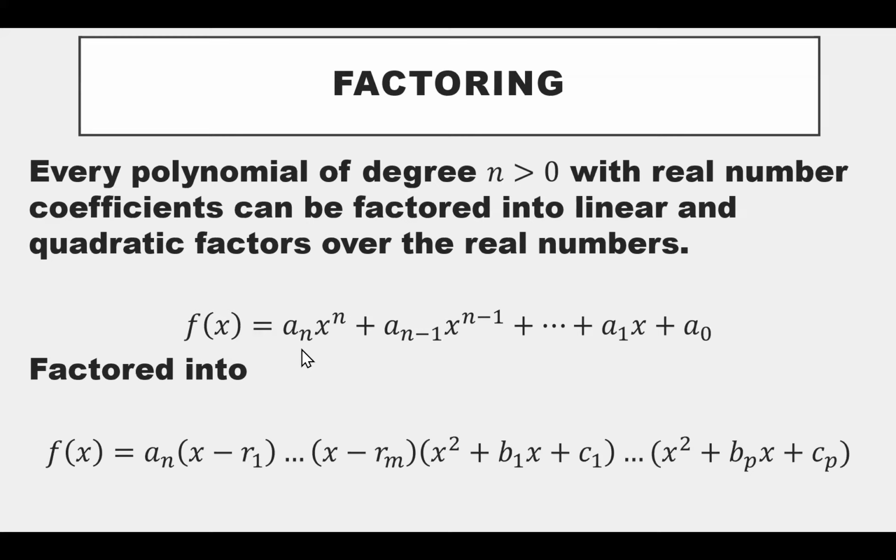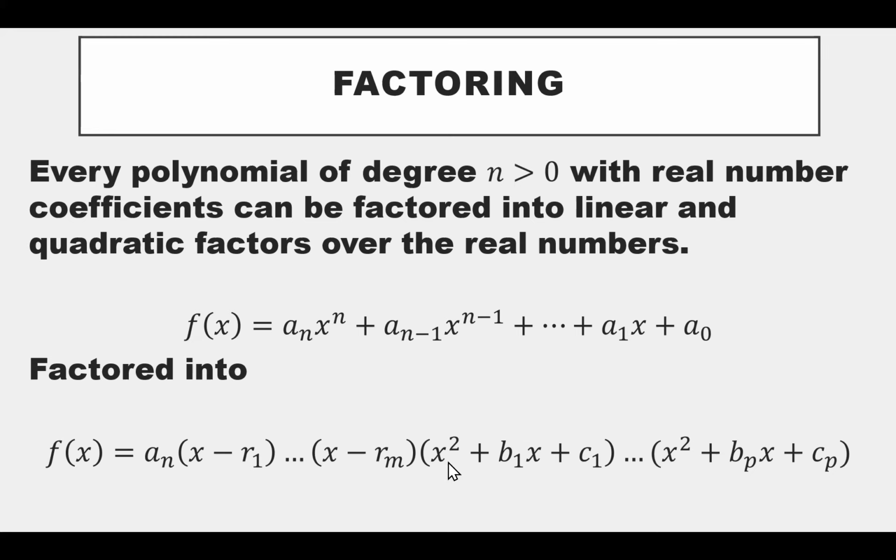So if I have a polynomial of degree n, I can factor it into a bunch of linear pieces where these R1s through RMs are just real numbers, and then a bunch of quadratic pieces where the coefficient of x and the constant number are real numbers. Because anytime I have two complex roots that occur in conjugate pairs, then when I take x minus that complex root times x minus the conjugate pair, you'll get a quadratic in the real numbers.